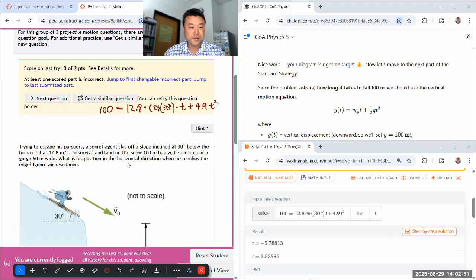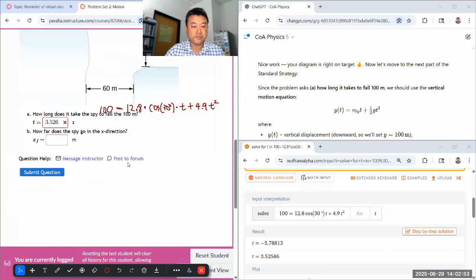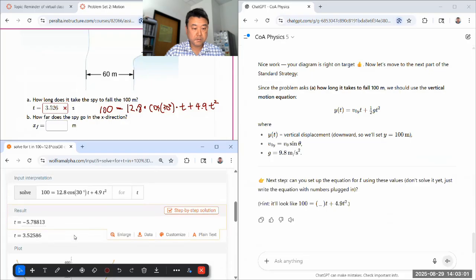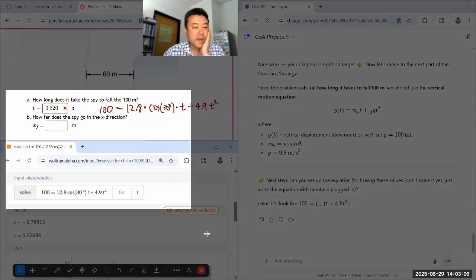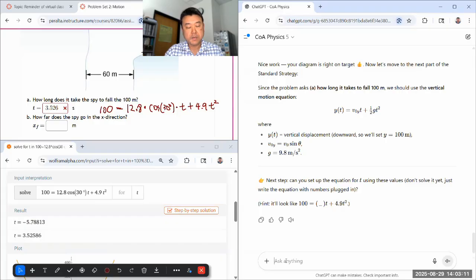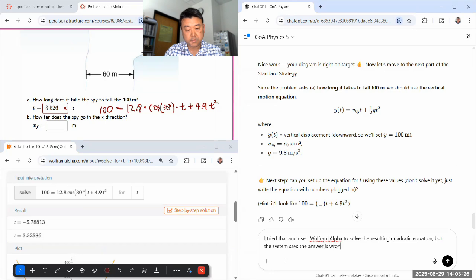And after getting that wrong answer, you ask: I tried that and used Wolfram Alpha to solve the resulting quadratic equation, but the system says the answer is wrong. This screen might be too busy for ChatGPT to correctly figure out, but let's ask.